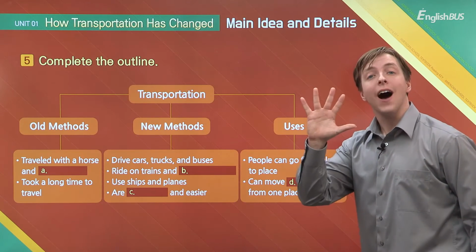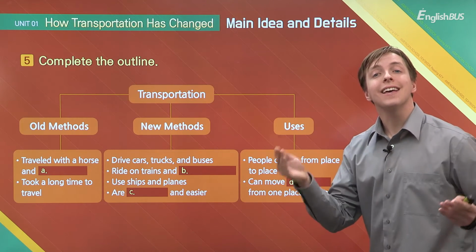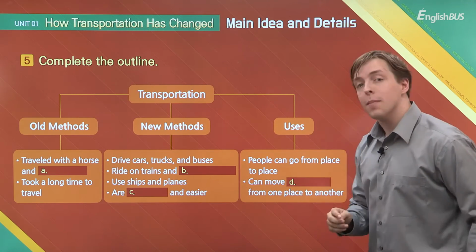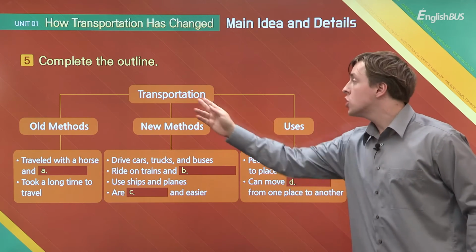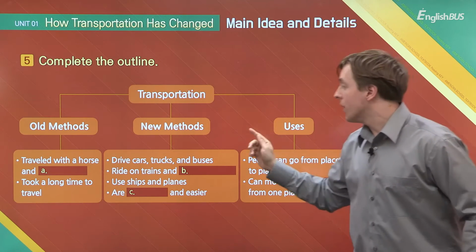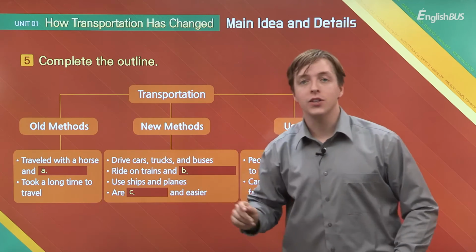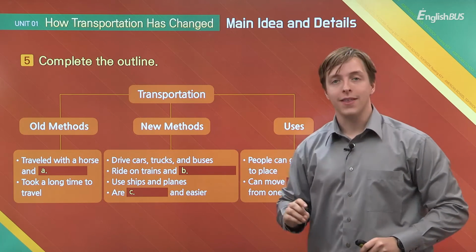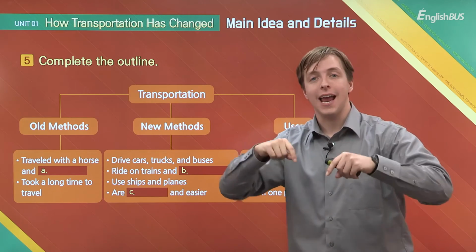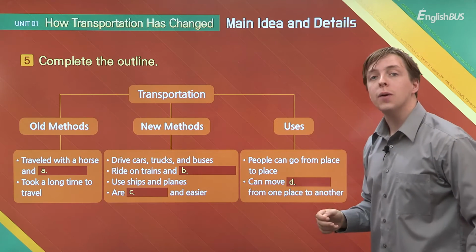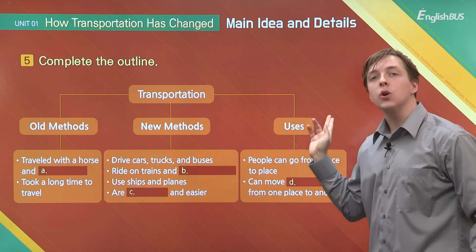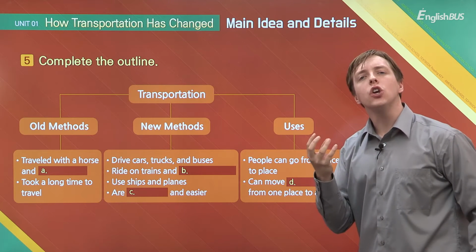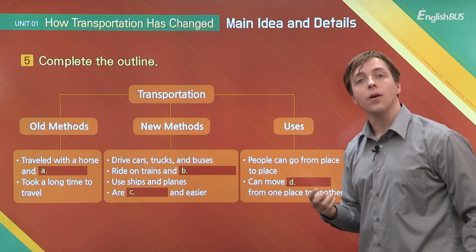In question 5, we must complete the outline. Remember, we learned all about transportation. We learned about the old methods, what we did in the past, and the new methods, what we use today. And we learned about transportation's uses, what we can use transportation for.